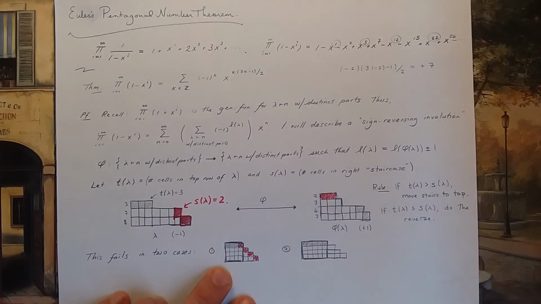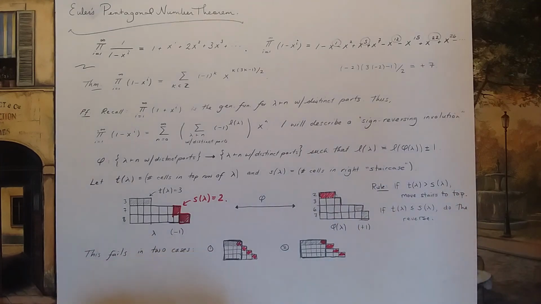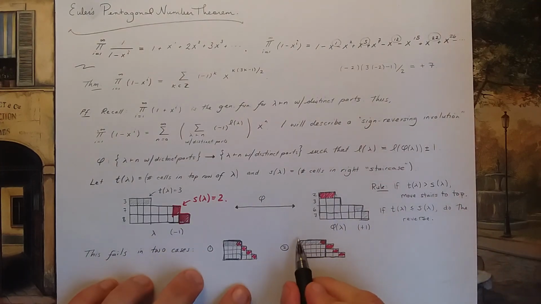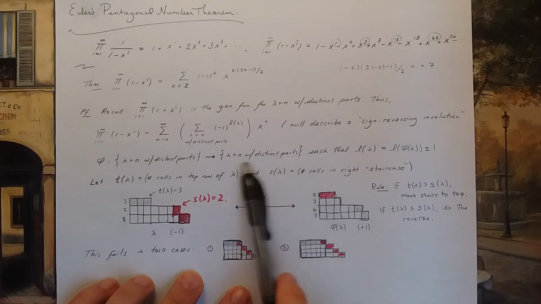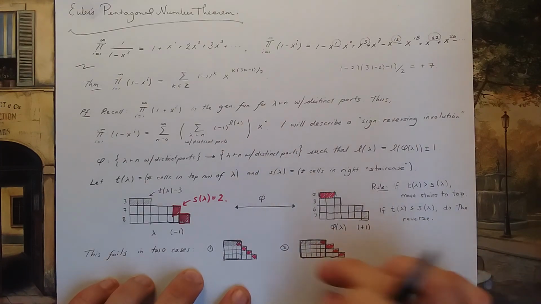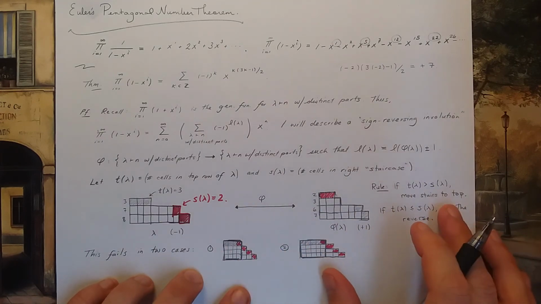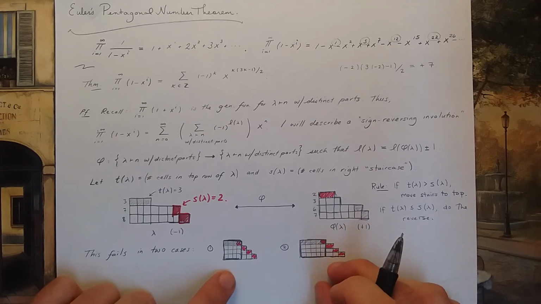The stairs now has length 4, and the top has 5. If you try to remove the stairs and put it on top, you'll get a valid integer partition, but you'll have 2 rows that have the same length. And that's not permitted because we're only discussing integer partitions with distinct parts. And therefore, you can't have 2 rows that are the same length in the picture. So these are the 2 cases that fail, and the only 2 cases that fail.